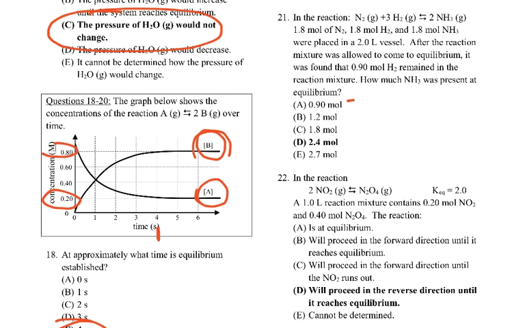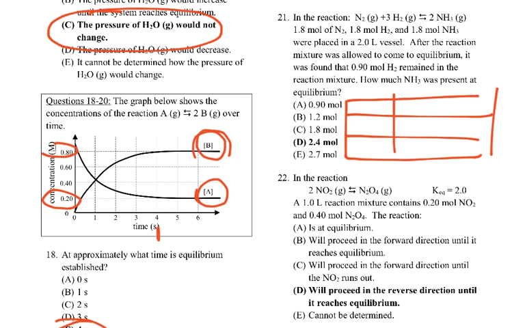This sounds like an ICE box problem, so I'll just try to fit one in here. Now we're using the values up here. The first column is N2, the second column is H2, the third column is NH3. And it's 1.8 moles, 1.8 moles, 1.8 moles in a 2-liter vessel. So that is going to be divided by 2: 0.9 molar, 0.9 molar, and 0.9 molar.